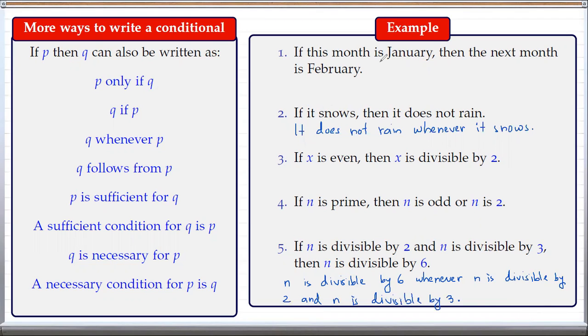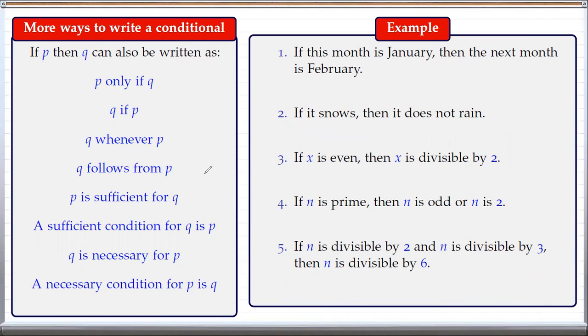The next format is Q follows from P. Let's look at some examples with this format. If we look at the first statement, again, here we write the conclusion part first. The conclusion part is that the next month is February. So we can say something like this. We may have to rephrase a little bit.